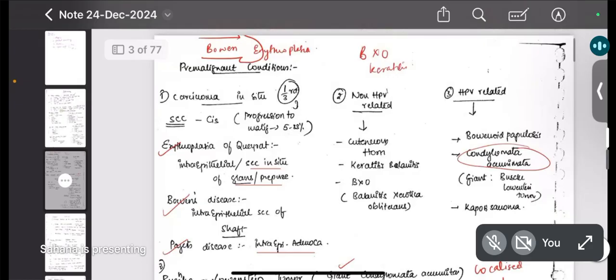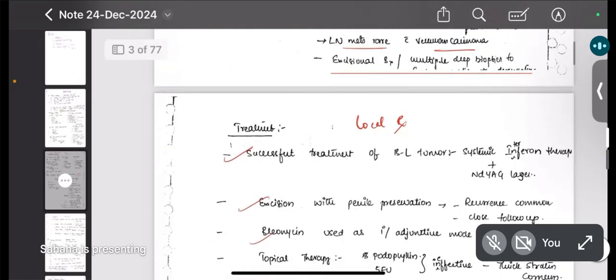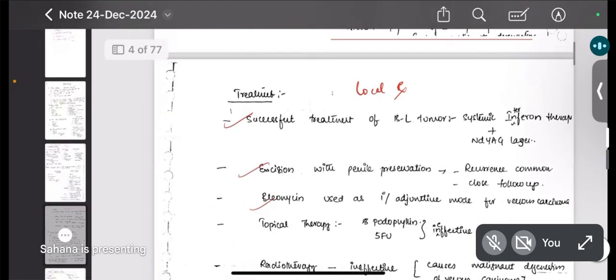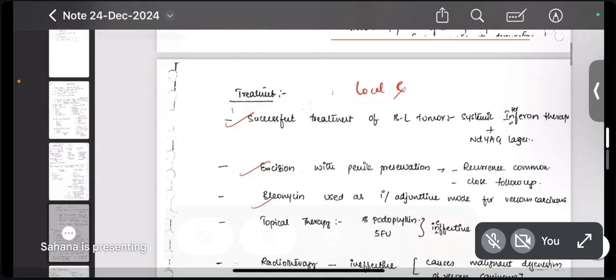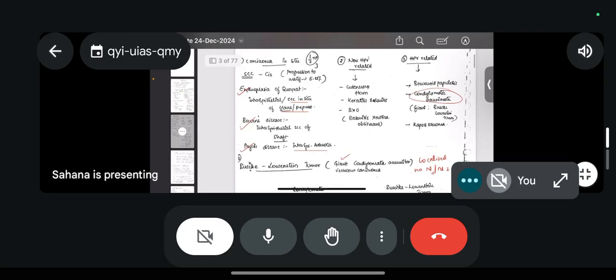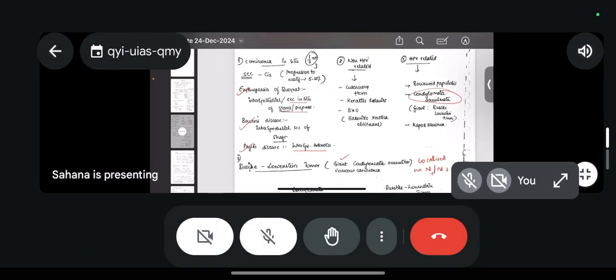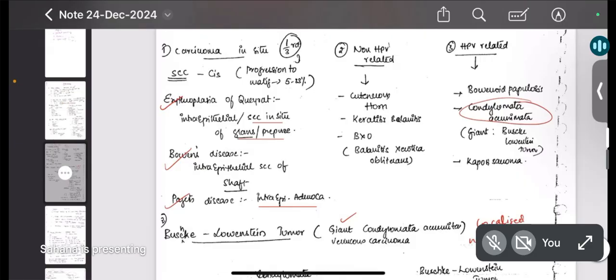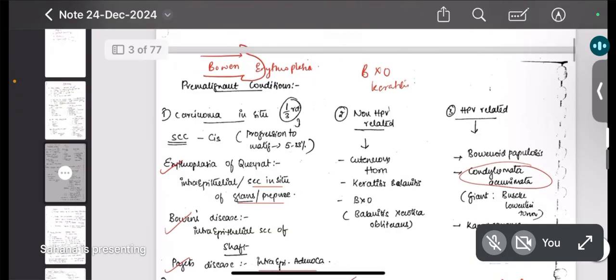Then the other lesions are BXO, balanitis xerotica obliterans, and keratotic balanitis, and the other is cutaneous horn. So the three things will be carcinoma in situ, whether it is squamous cell, and in squamous cell, whether it is in the shaft or in the prepuce or the glans.